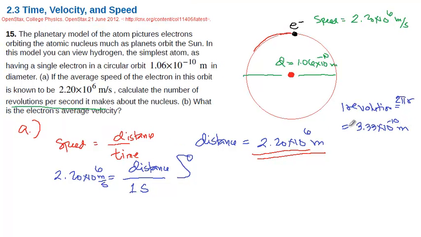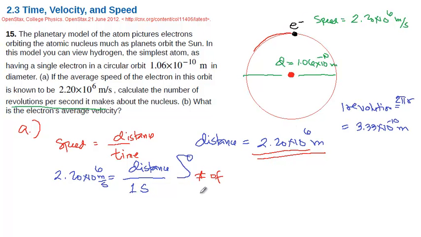Meaning one revolution is equal to that distance. In a period of 1 second, the electron travels the distance we found, and one revolution is equal to this distance, so we can find the number of revolutions.